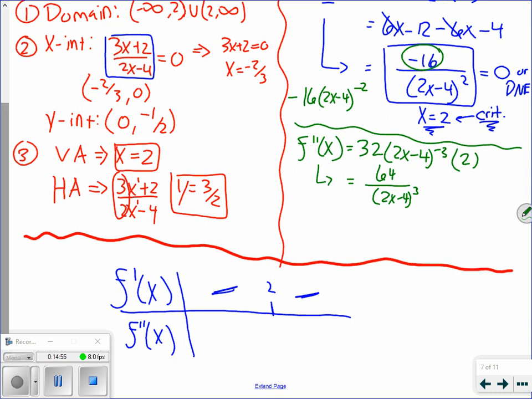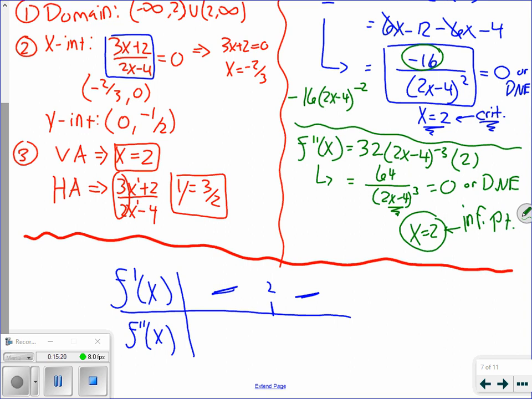So to identify inflection points, I'm going to set this equal to 0 or does not exist and solve. And you're going to notice, just like before, there are no values that make it 0, but there are values that make it undefined. And again, that's going to be x equals 2. So x equals 2 is an inflection point as well as a critical point.